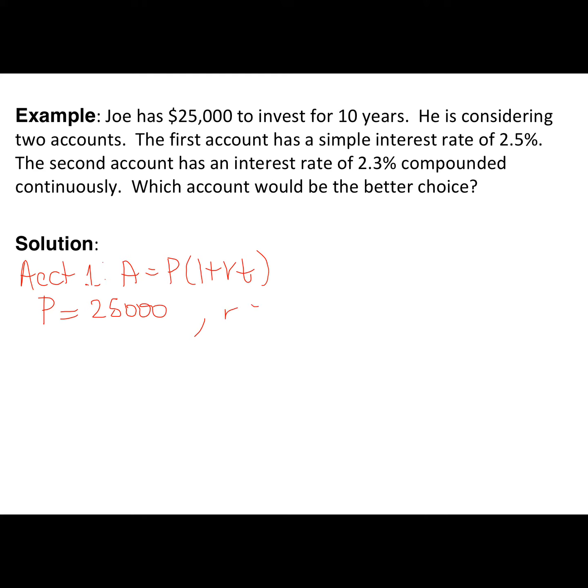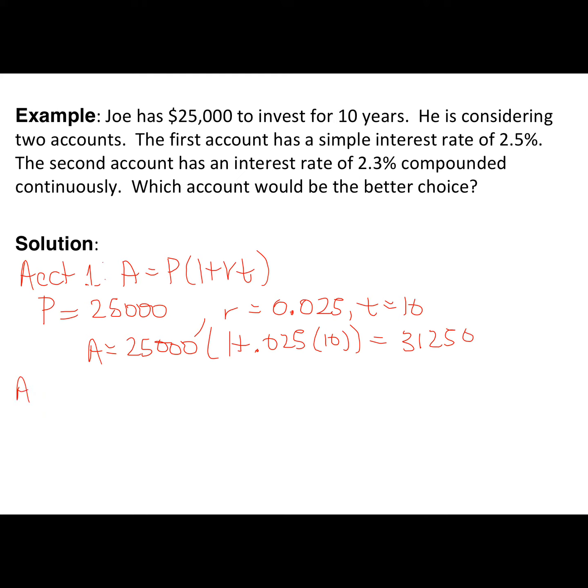The rate is 2.5%, so 0.025, and time is 10 years. Okay, so plugging in, I get A equals 25,000 times 1 plus 0.025 times 10. What does that give you? I get 31,250.